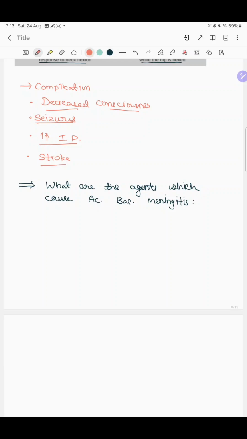It includes pneumococcal meningitis, which is caused by Streptococcus pneumoniae. It is mainly seen in adults of more than 20 years of age.